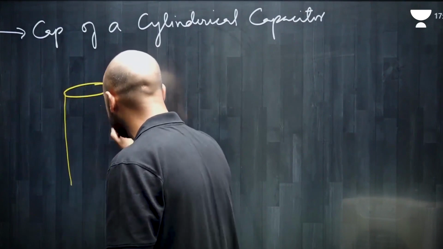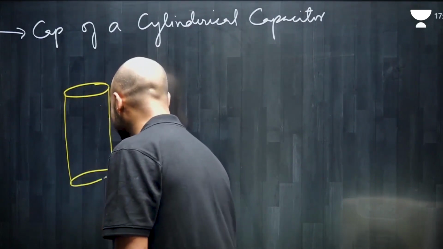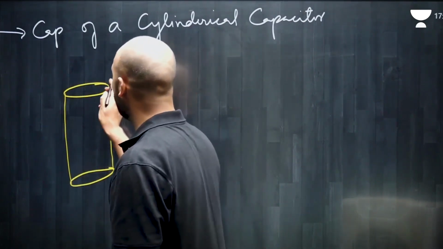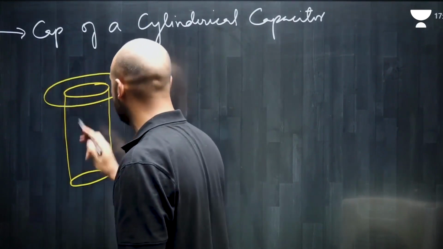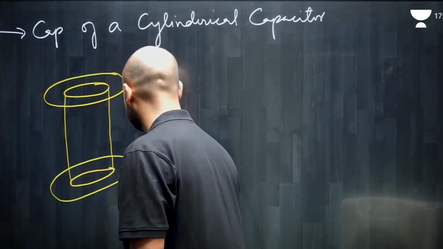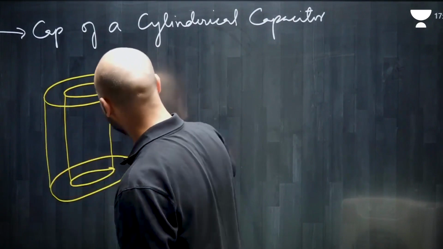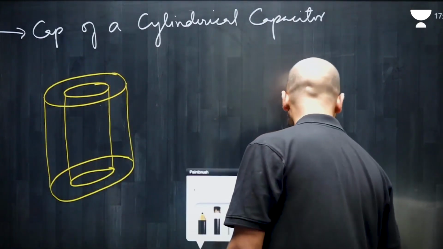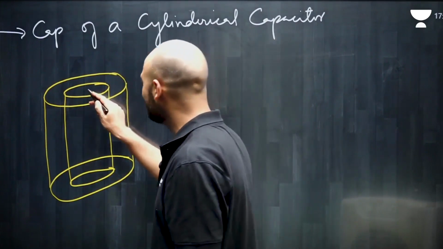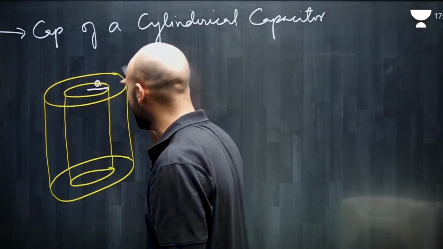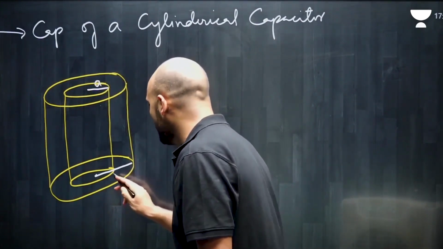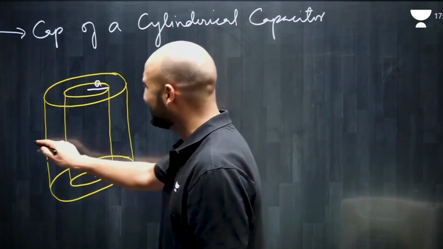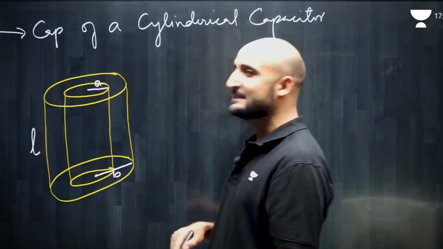So this is one cylinder, and I have one more concentric cylinder here like this. These are two concentric cylinders. Let's assume that the radius of the inner cylinder is, let's say, equal to A, and the radius of the outer cylinder is B, and the length or height of the cylinder is L.